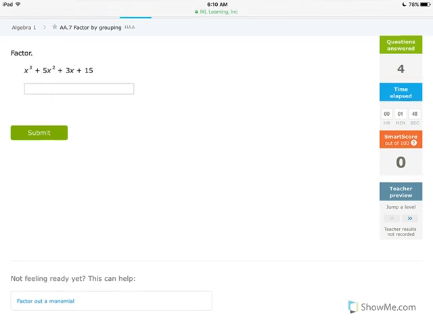And here's another one. So again, look at the first two terms to make a group. So an x squared can be factored off. And what's left behind? We need an x, because x squared times x is x to the third. And then we need a 5, because x squared times the 5 is the 5x squared. And then if we look at the second group, we can factor off a 3.